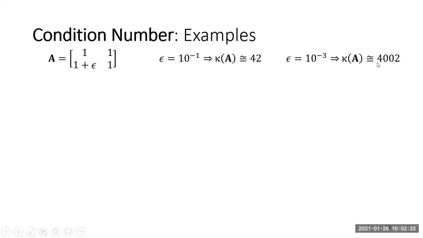The condition number is now 4002. By the way, it's just a coincidence that it's 42 here, the digits 4, 2, and here you have 4 and 2. It can be anything else. So it's 4002. The condition number went up so much because epsilon got reduced. So it became closer to a singular matrix, 1, 1, 1, 1.